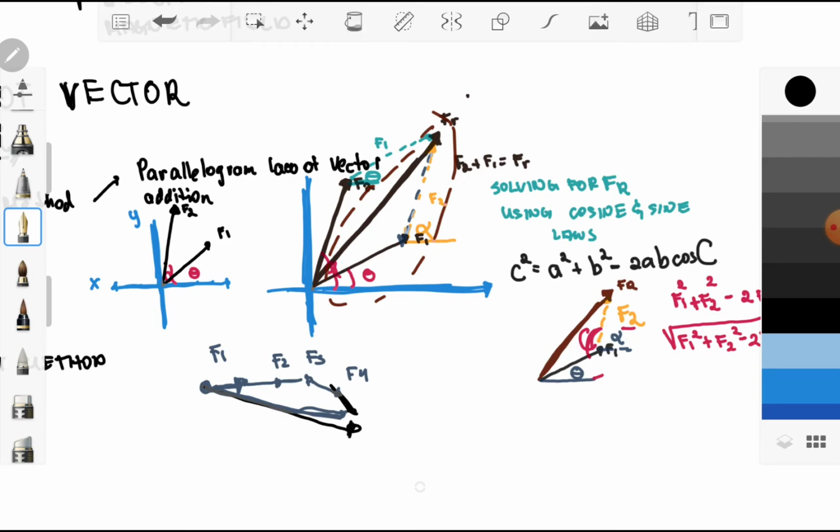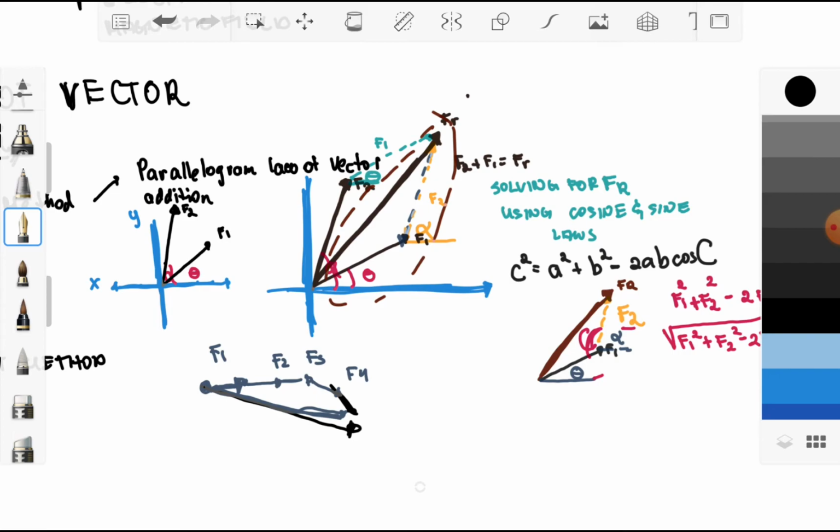Why do we need to touch the tail and the arrows, or why do we need to project the forces in a way that force 1 and force 2 or any sequence of your F1, F3, F4, as long as the head would touch the tail of the other force?